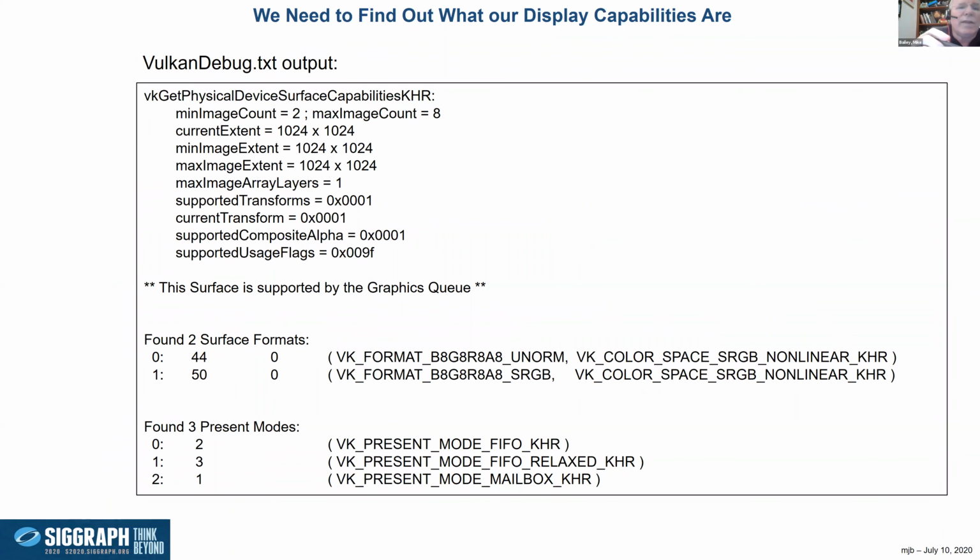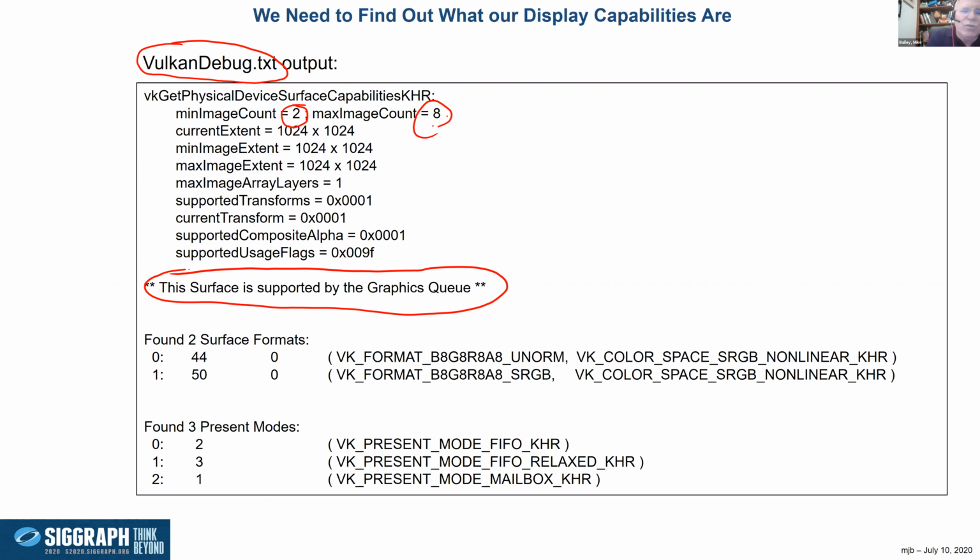When I ran that, and again, the sample code will print this out into a file that you can go look at, here's what I got, and yes, it is supported. Here were the surface capabilities, and what this says is the minimum frame buffers in the swap chain need to be 2 and can go up as high as 8.